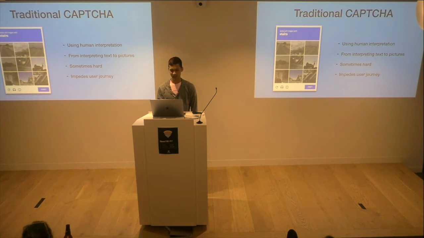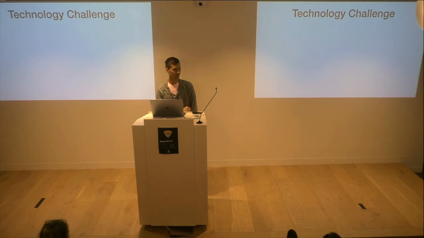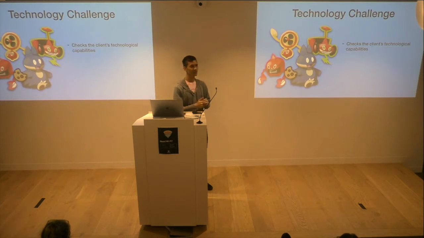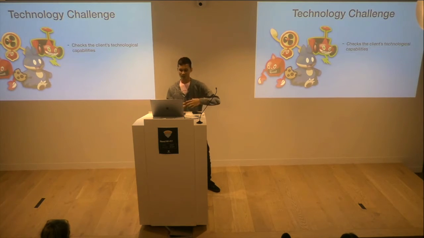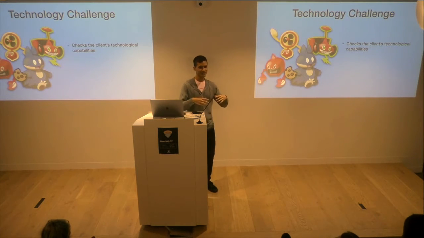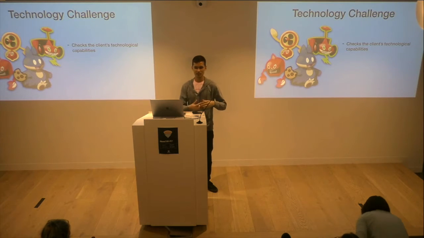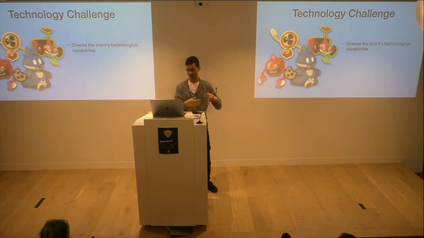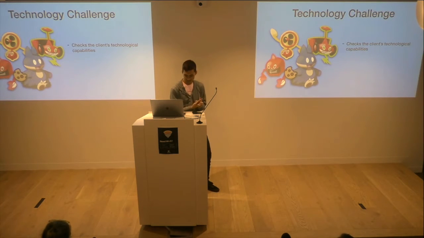All right, so the next method of bot protection we have is a technology challenge. A technology challenge is where we check the client's technological capabilities. What this means is bots want to be as efficient as possible, right? So they generally run on lightweight headless clients so that they can execute their scripts with the least amount of overhead.